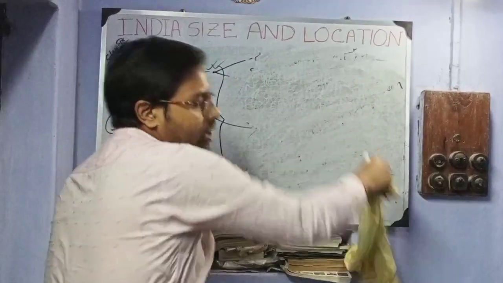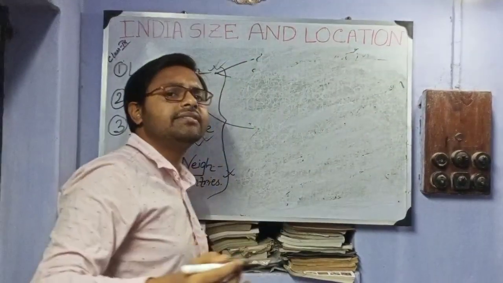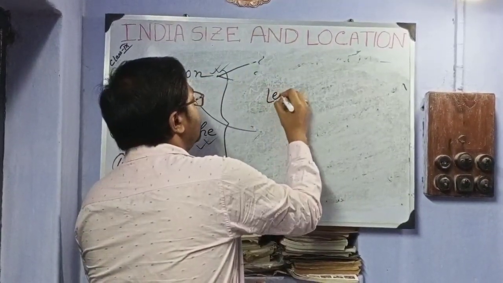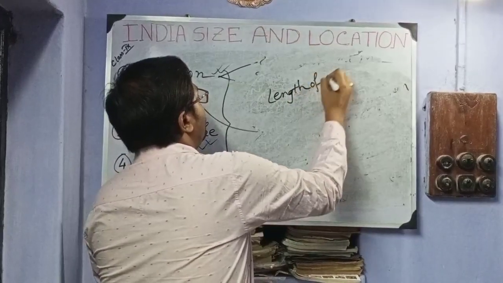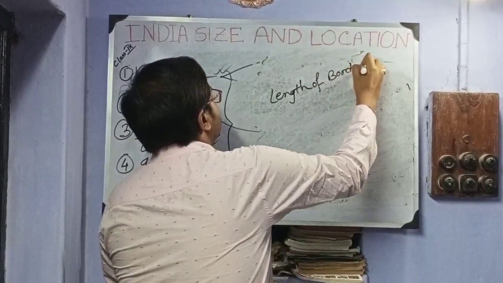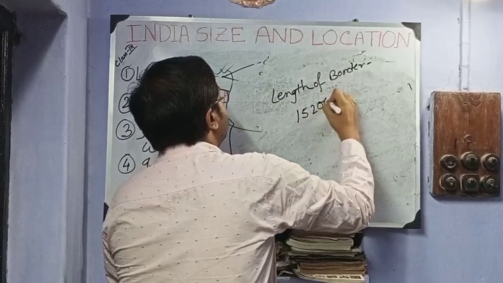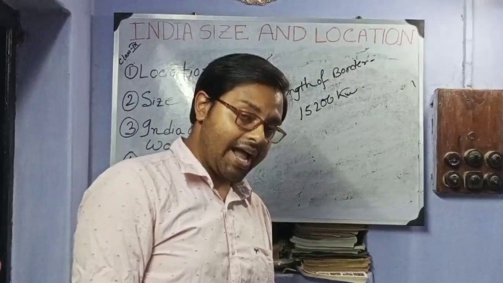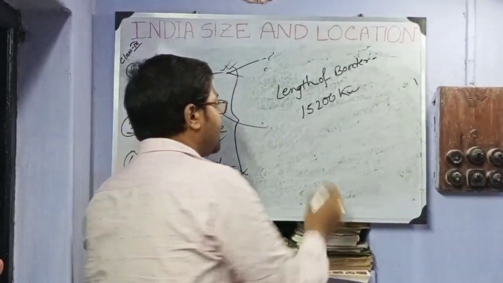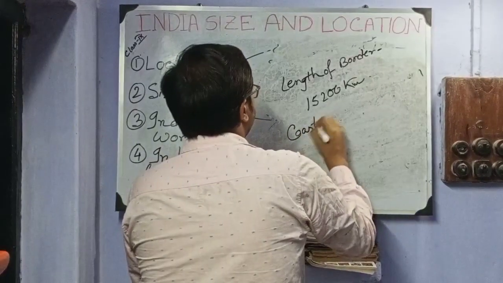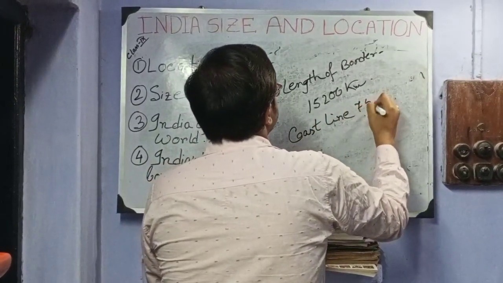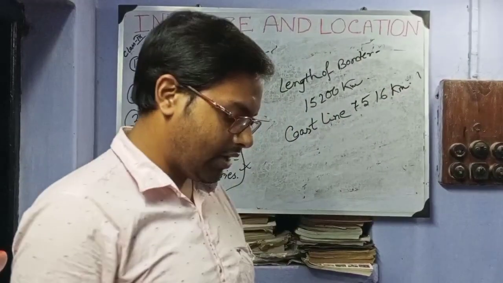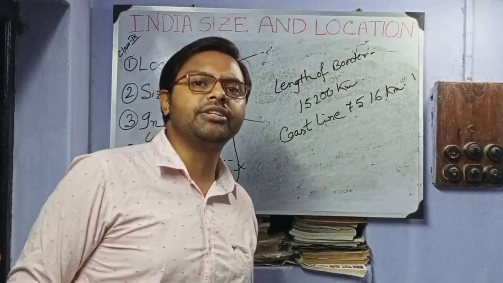India has a border with 6 countries, and the length of the border is 15,200 kilometer, and its coastline is 7,516 kilometer.